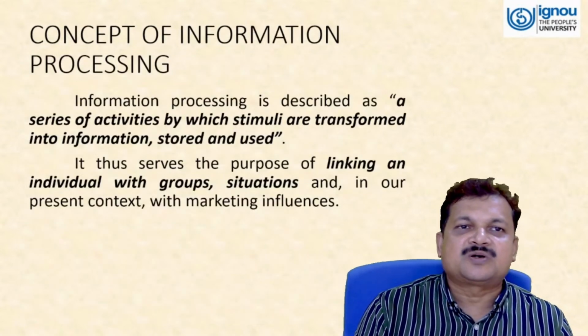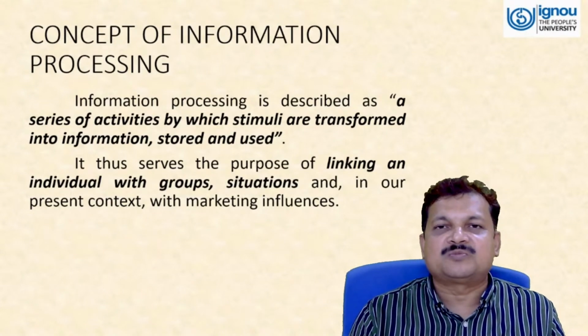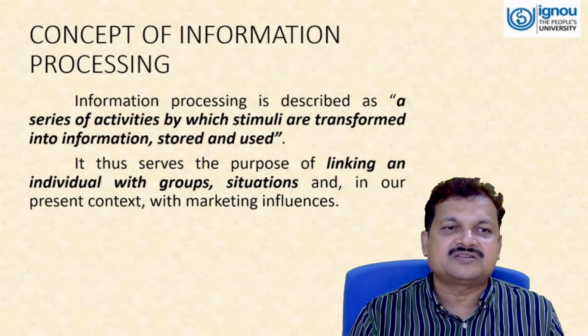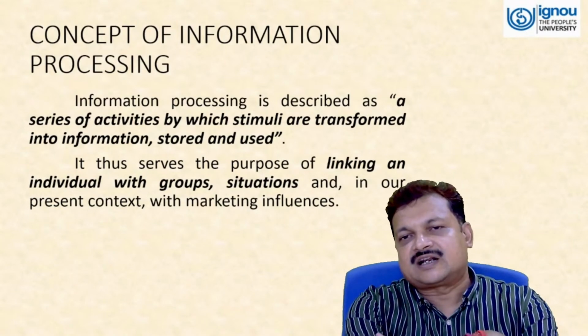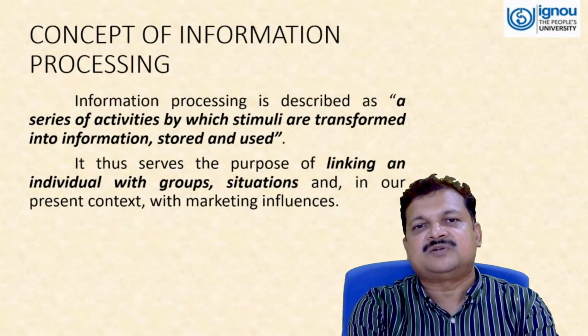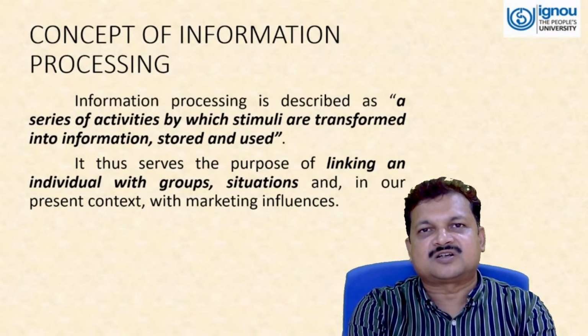Now, the concept of information processing: how information processing takes place in consumers. Information processing is described as a series of activities by which stimuli are transformed into information, stored and used. A lot of information is coming from different sources. Sometimes it is good about a brand, sometimes bad.